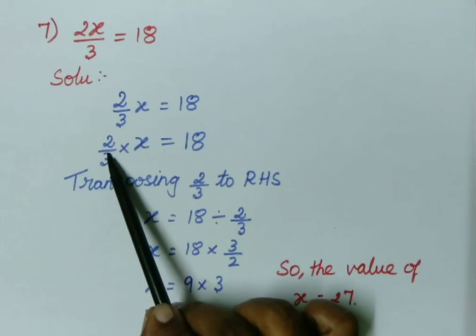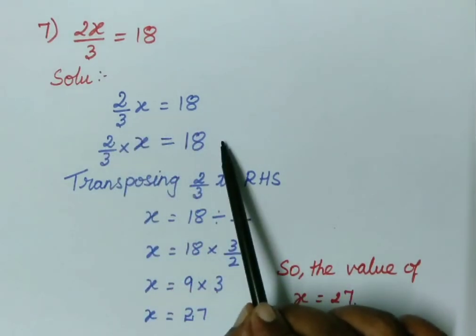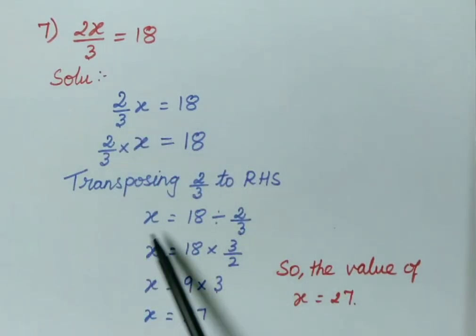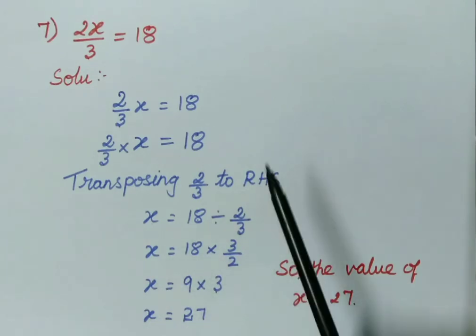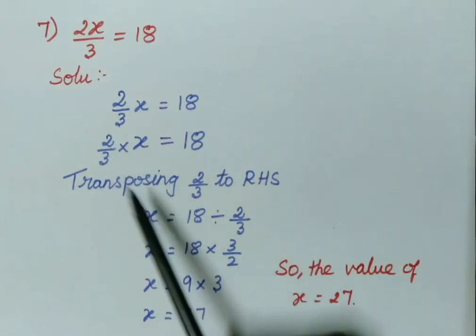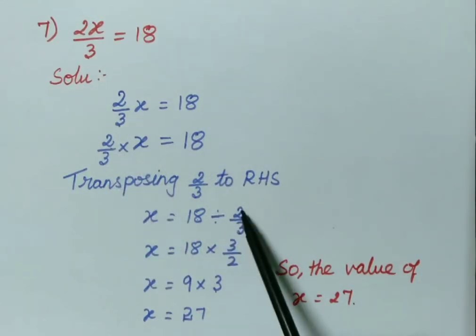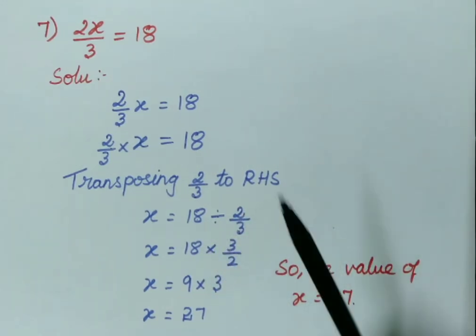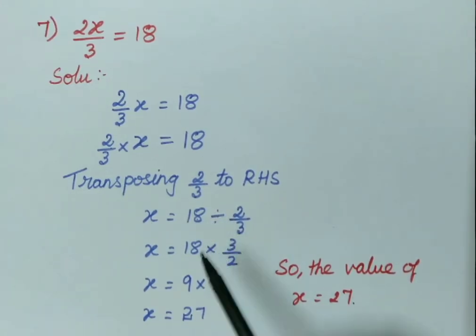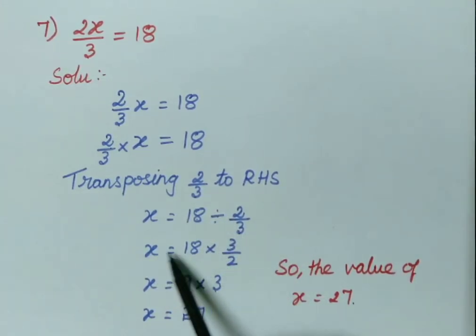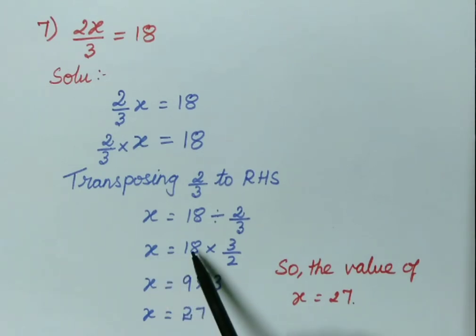So when multiplication crosses the equal to sign, it will become, yes, division. So I am going to write x on the left hand side as it is, 18 after the equal to sign as it is, but 2 by 3 will become division, 18 divided by 2 by 3. Now we can't do anything with this division symbol. So we will write the equation as it is, x equals 18.